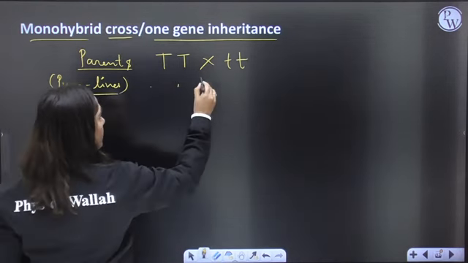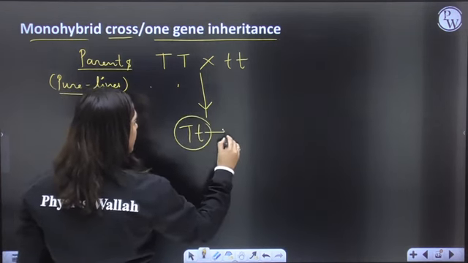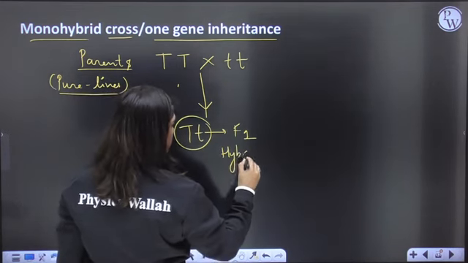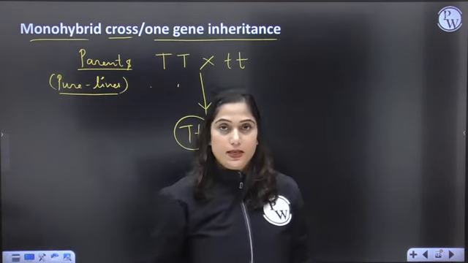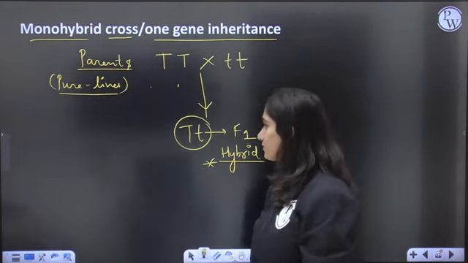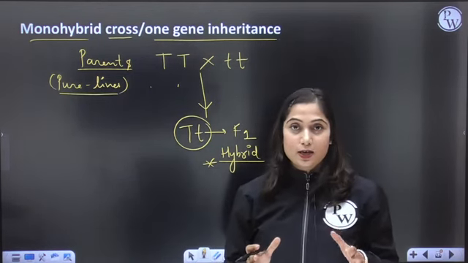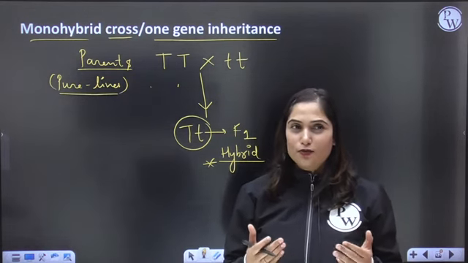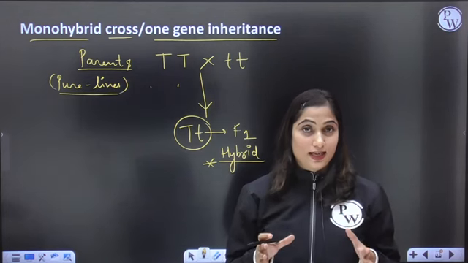And the F1 generation is the hybrid. Now, if I say that F1 is phenotypically and genotypically similar to one of the parents, would this be false or true? Think.